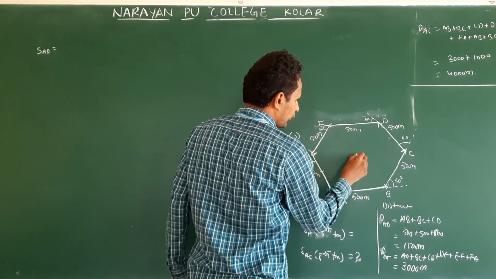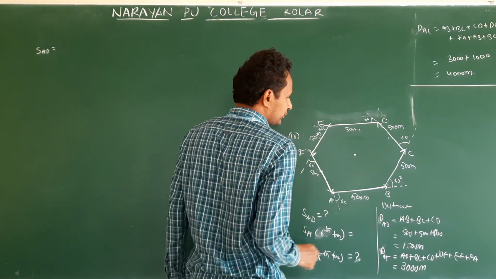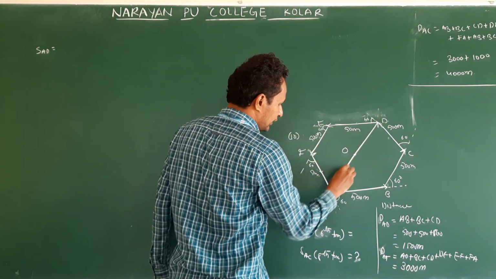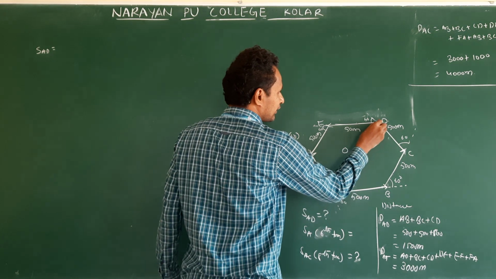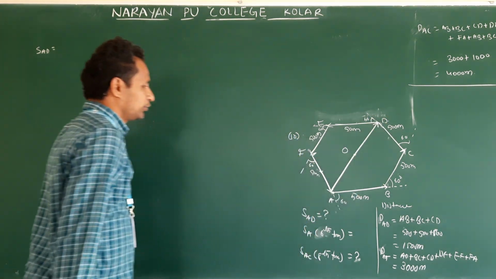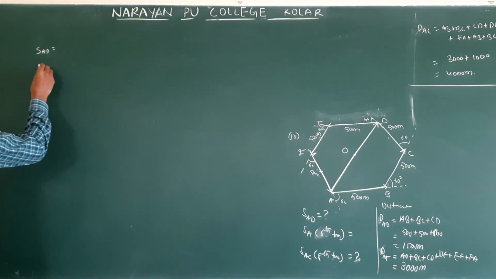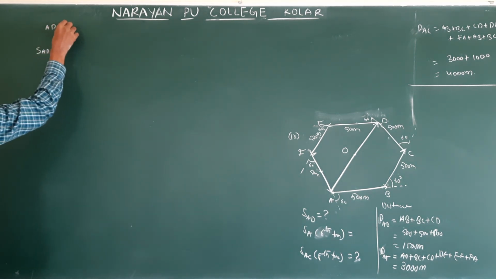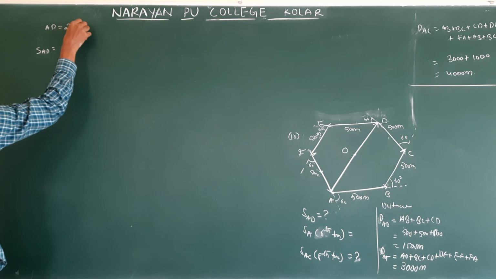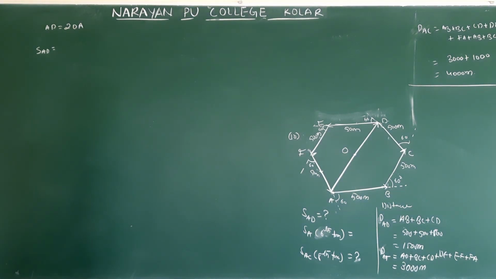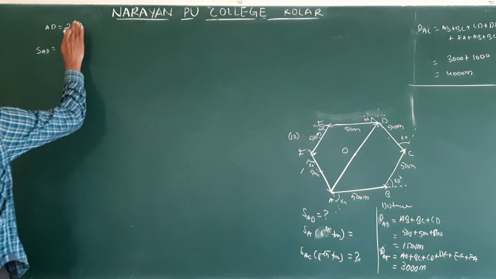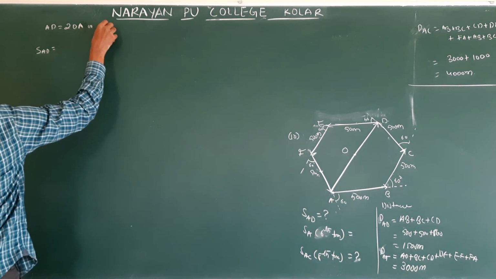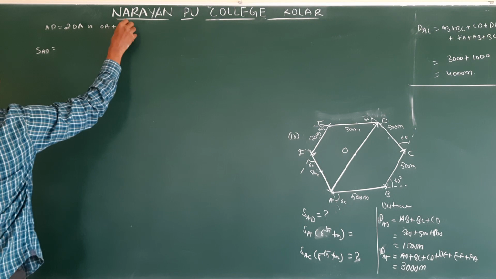If you take the center of this polygon, this is O. If you draw a line between initial and final, we have one relation: AD is nothing but 2 into OA, or OA plus OA.